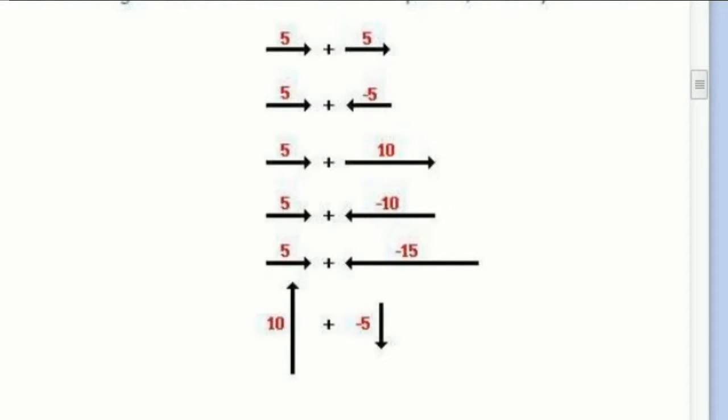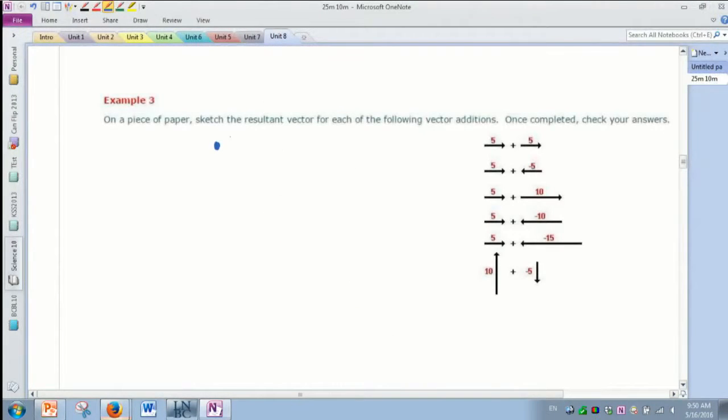So the first one here, think about drawing a dot to start these. The first one is 5 to the right, and then another 5 from there. So I have 5 and another 5, and from the start to where I finished has a length of 10 to the right.